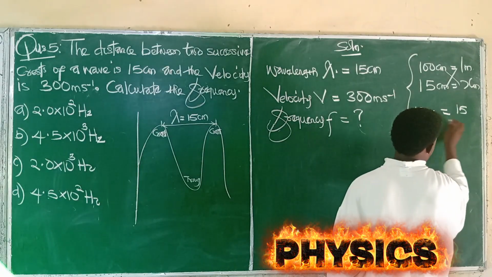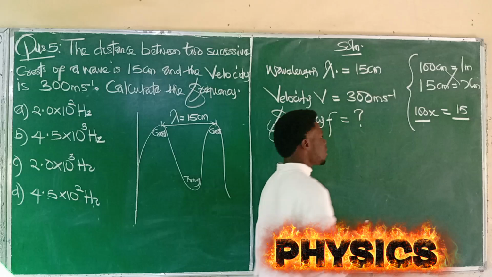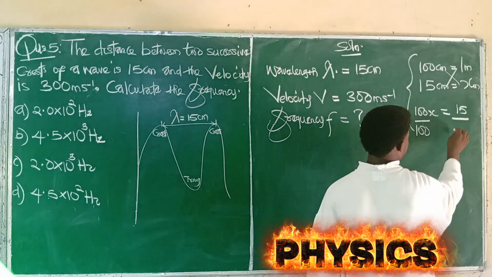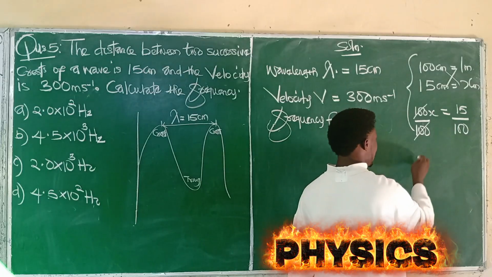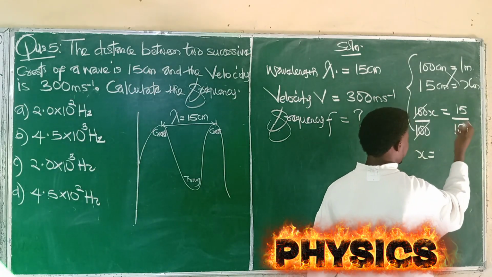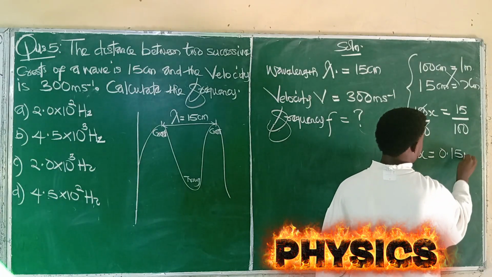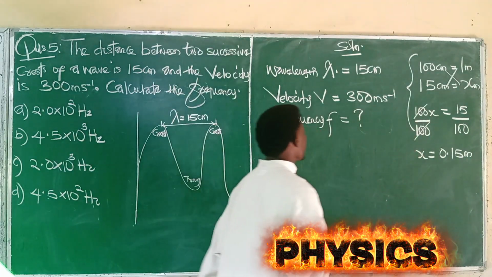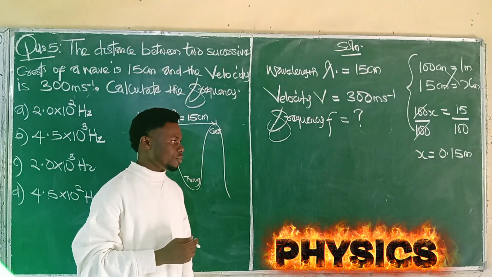Therefore, making x the subject, we divide both sides by the coefficient of x, which is 100. So 100 cancels 100, and we are left with x. Therefore, x is 15 divided by 100, which gives 0.15 in meters. So we have obtained the value of the wavelength in meters, which is 0.15.